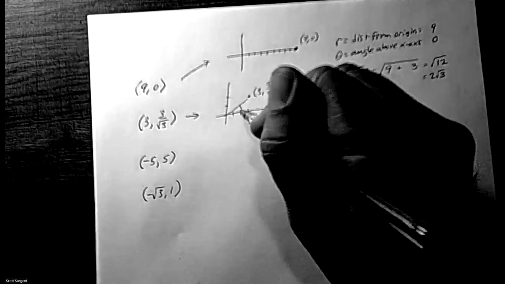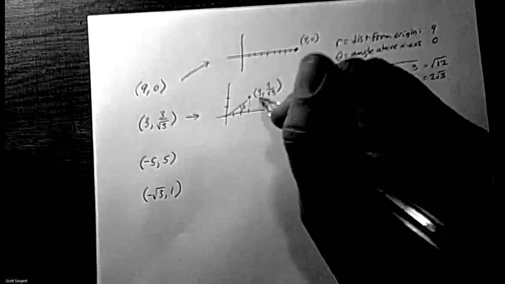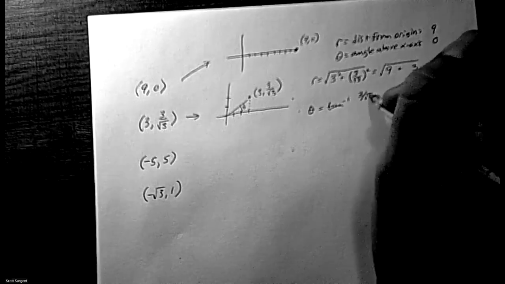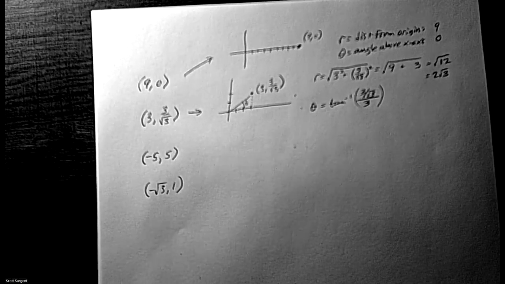The theta is going to be, okay, so here's your arctangent question. It's going to be the arctangent of the top divided by the bottom. Give me a second here. So you need to reduce this.